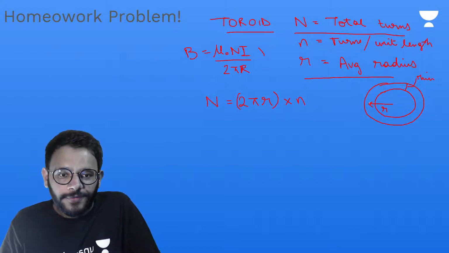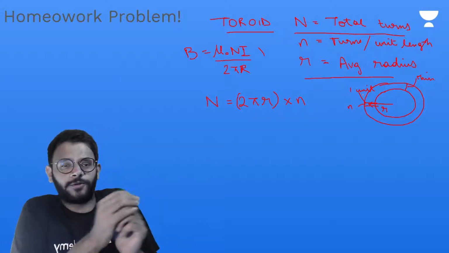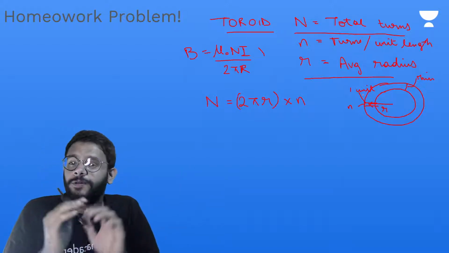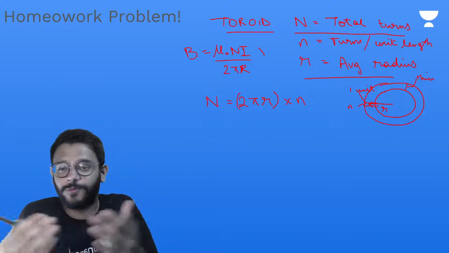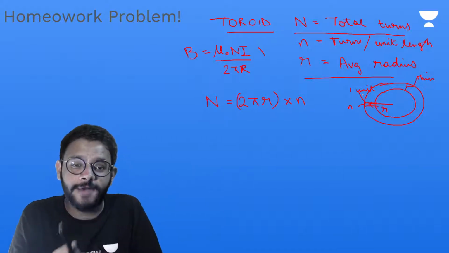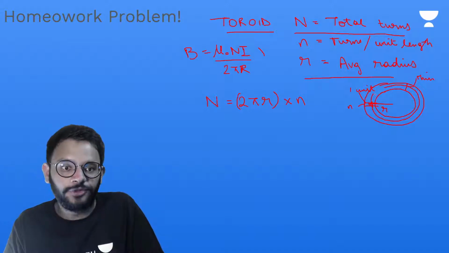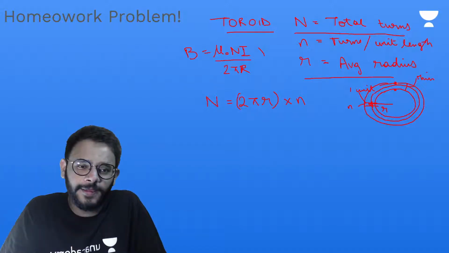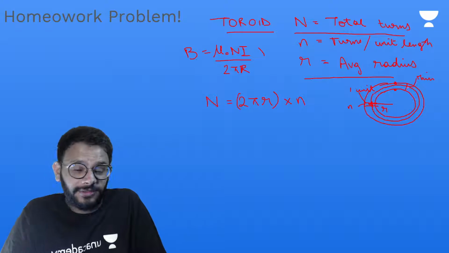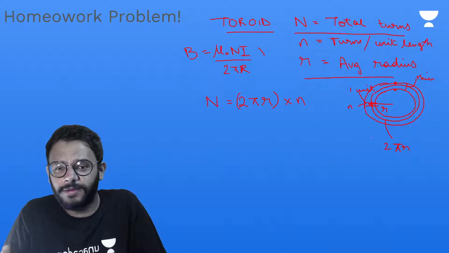So if I have n turns per unit length, then the total number of turns in that toroid is n into that length, and that length is 2 pi r, because small r is my average radius. I'm assuming that throughout the toroid, irrespective of the point, it is sufficiently thin, so the total length inside is 2 pi r, which is simply the circumference.